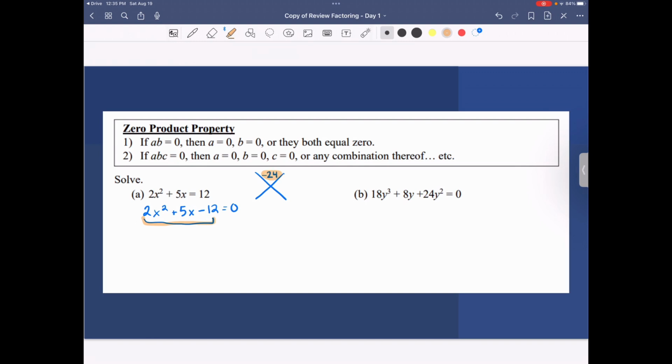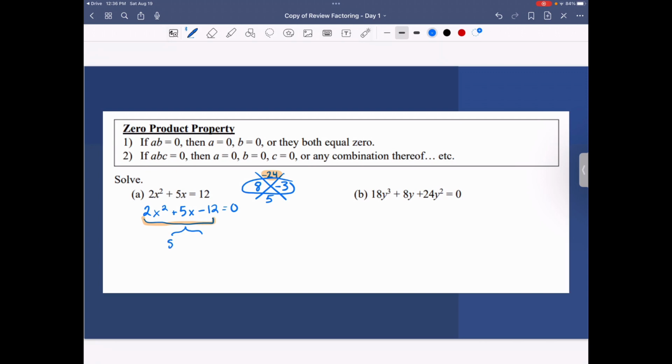Then I want them to add up to B, which is 5. What multiplies to give us negative 24 that would add up to 5? Well, I'm thinking 8 and 3 because the difference of those is 5. Okay, so then the 8 and 3 is what is going to become of the 5x.